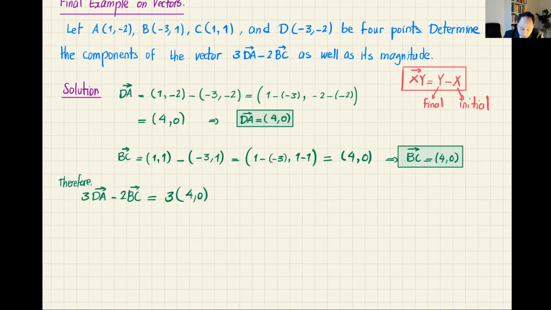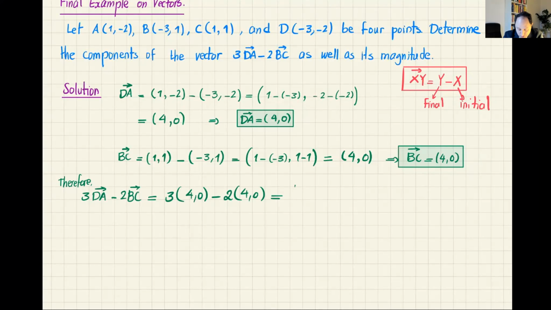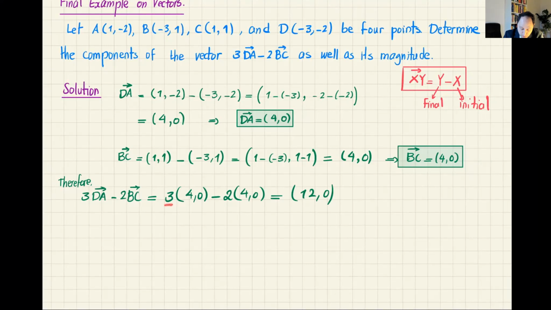This is the case that you need to do in general, okay? So 2 times BC, which is of course the same, but let us pretend that they are not the same. In general, you need to multiply the numbers in. So the first pair becomes 12 and 0, because I have multiplied 3 by 4, and I have multiplied 3 by 0.